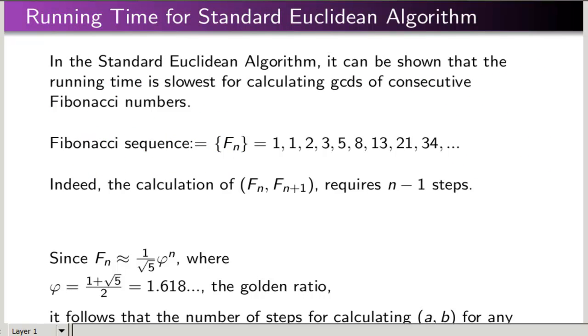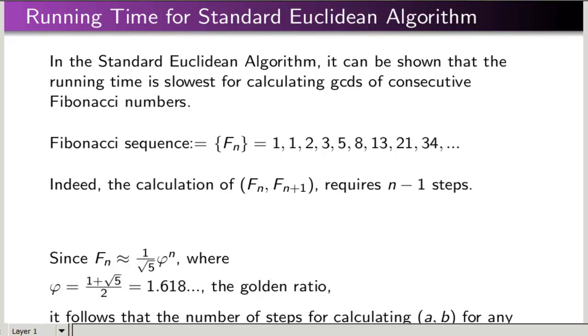So let's look at the running time for the standard Euclidean algorithm. You can show it, and these are things I'm just going to point out to you. I'm not going to prove these facts, that the running time is slowest for calculating the GCDs of consecutive Fibonacci numbers.